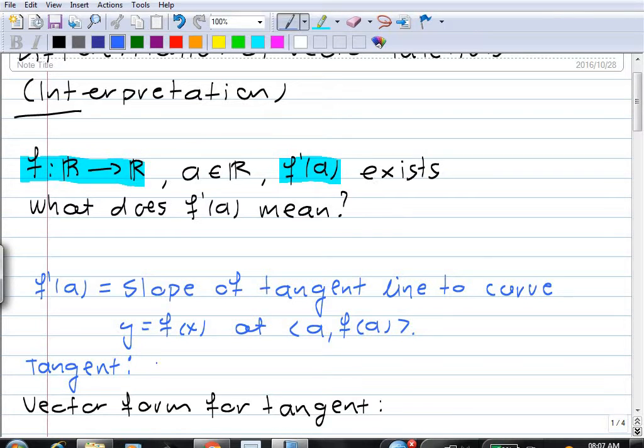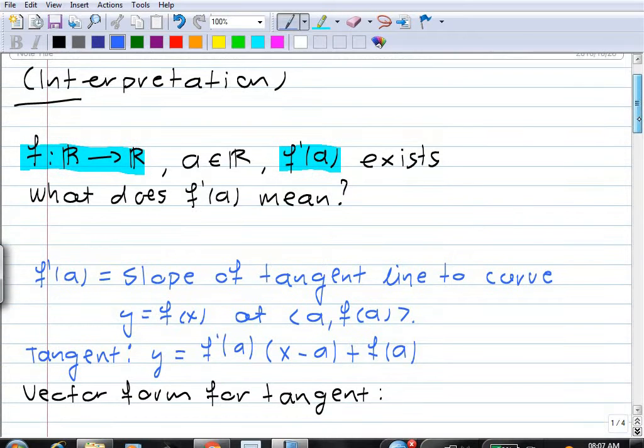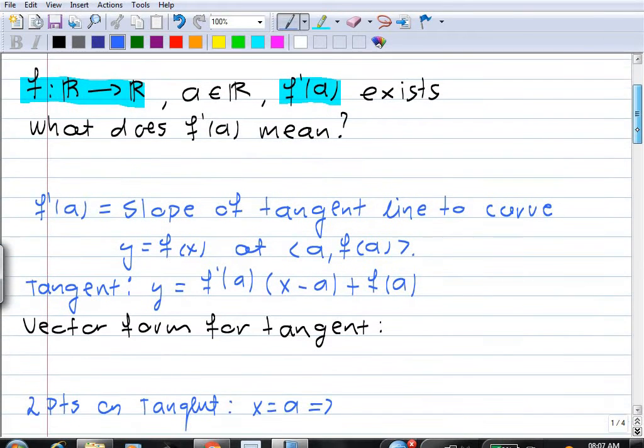And in particular, the tangent has equation y is f prime a, x minus a, plus f of a. Now, this is a line in the plane, right? So we can write down a vector equation for this line.